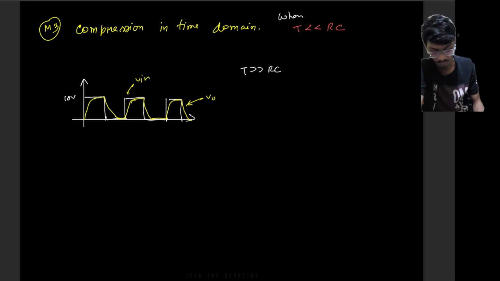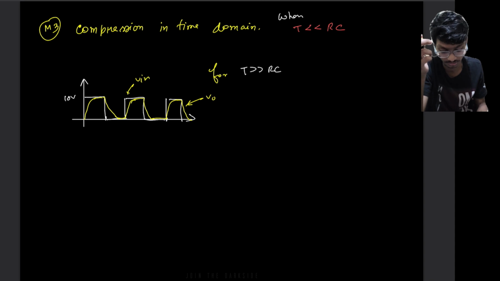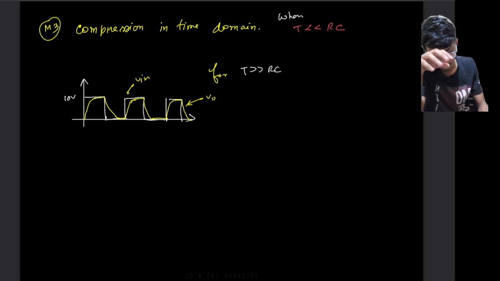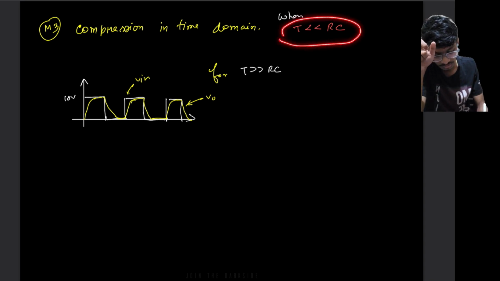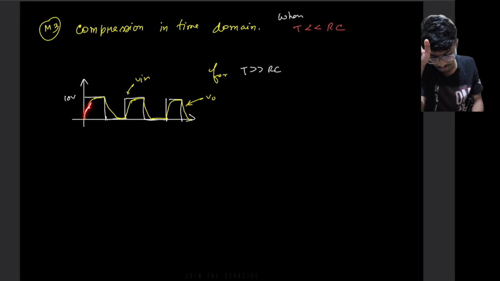Now as you can see, it's charging very fast and discharging very fast for t much greater than RC. Now in our case, as t is much less than RC, it is not charging fully. It is not able to charge fully. Before charging, the voltage is getting 0, again it starts discharging.